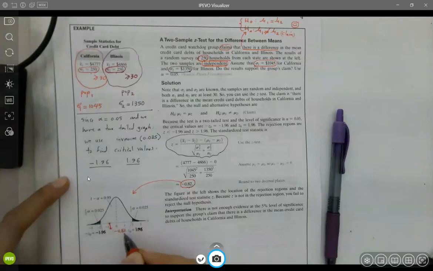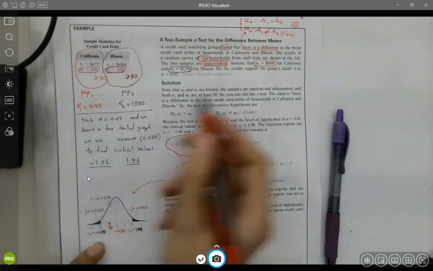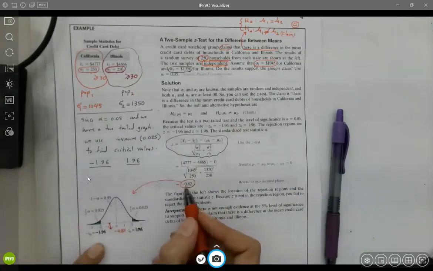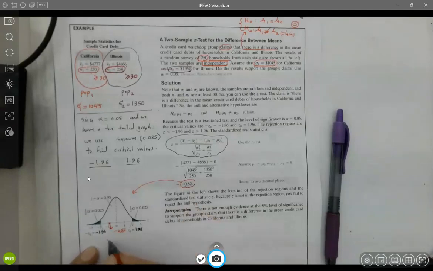So, based on the information that we have and the calculation that we did, do we reject or fail to reject?